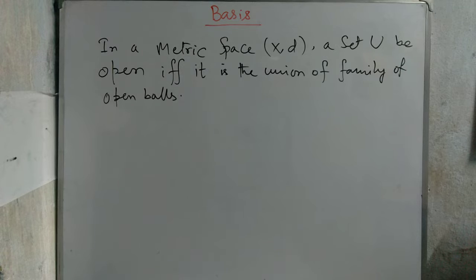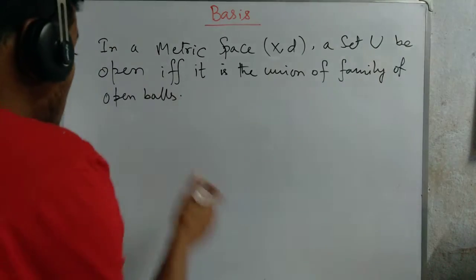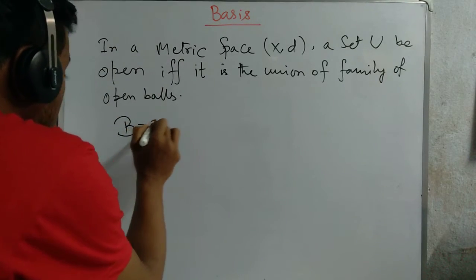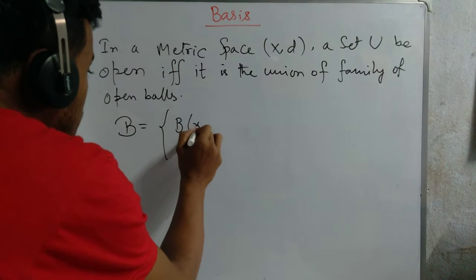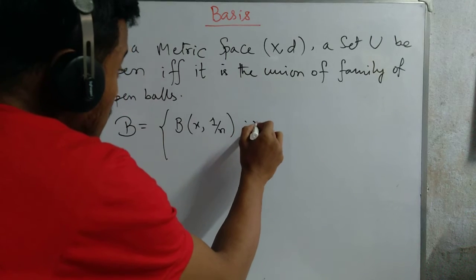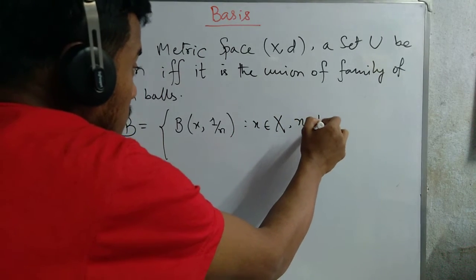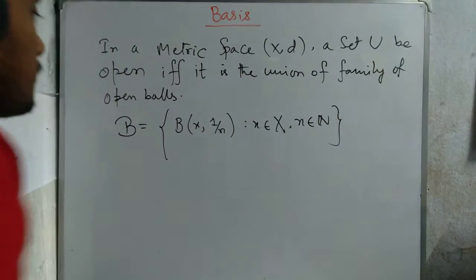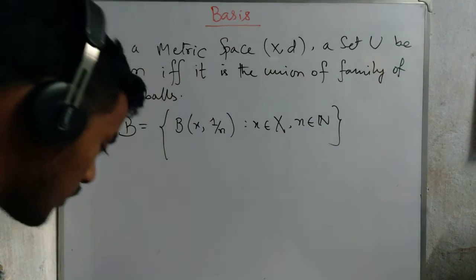Now we're going to further discussion. Here, consider this collection. What does the collection contain? Some open balls around x, where x belongs to X and n belongs to the natural numbers. Let B be this collection of open balls.